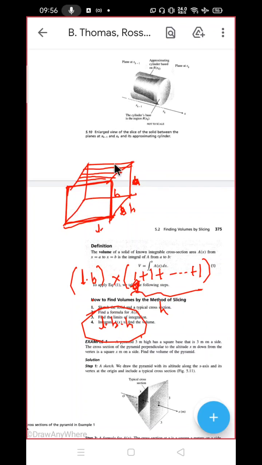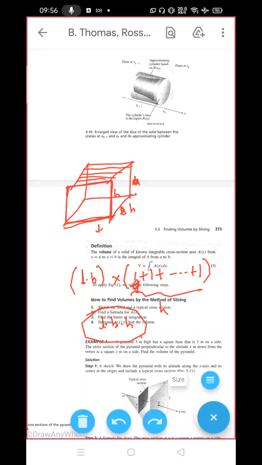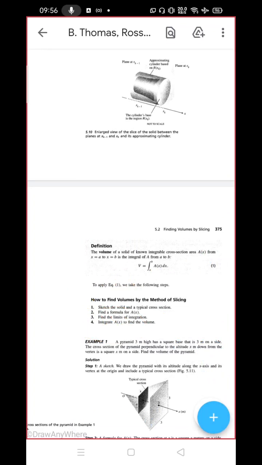So do you understand? You can find the volume by finding the area. You just have to multiply. See here also, in our case, volume is equal to the integration from a to b of A(x) dx.